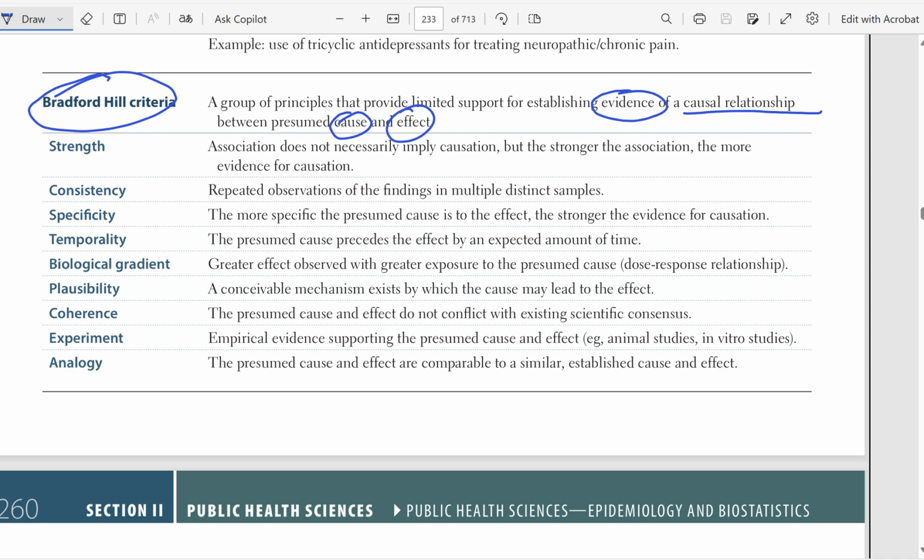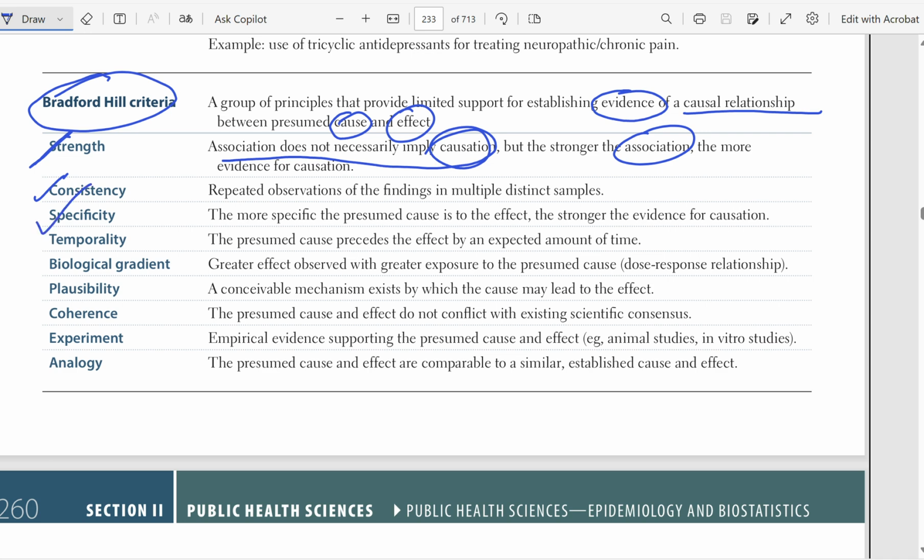Now, this null hypothesis thing confuses a lot of students, but let's just focus here. We want to see if there is a strength of association. A strength of association does not imply causation, but the stronger the association, the more the evidence for causation. And then consistency, we want to see if something is consistently impacting things.